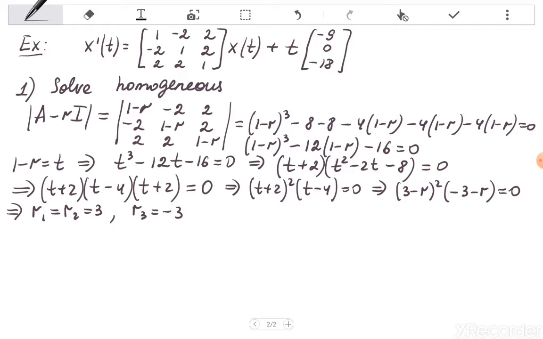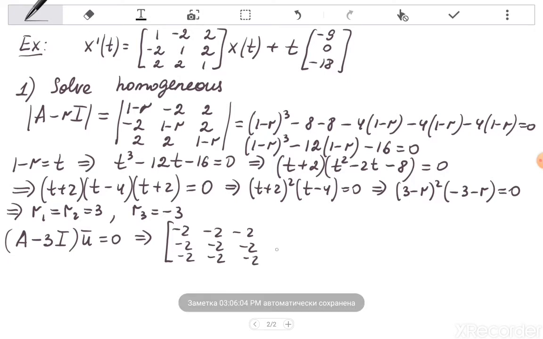So let's write A minus 3I first, applied to some vector u, this must be 0, so we need to find this vector u. A minus 3I is a matrix which is minus 2, minus 2, minus 2, minus 2, minus 2, minus 2, so all of the rows are the same.